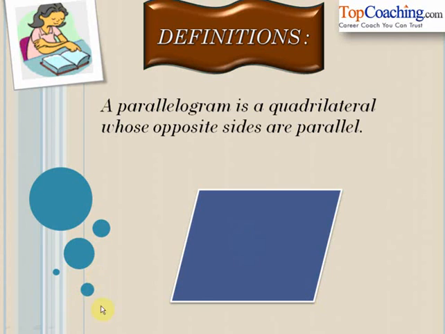So this represents a parallelogram in which these 2 opposite sides are parallel to each other. That is, this side and this side do not intersect with each other. And similarly, these 2 opposite sides are also parallel to each other. That is, they do not intersect with each other. So a parallelogram is a quadrilateral whose opposite sides are parallel to each other.